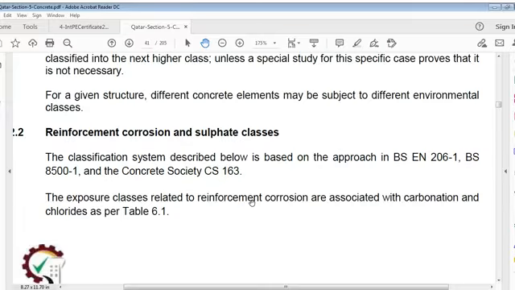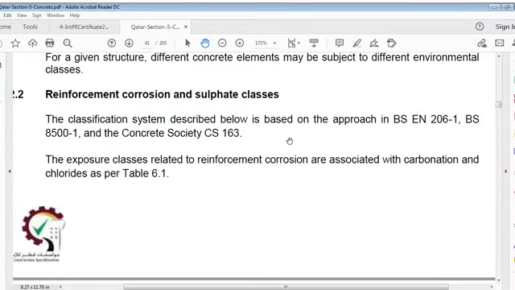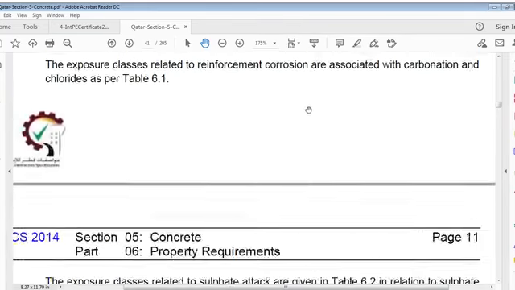Now, reinforcement corrosion and sulfate classes. The classification system described herein is based on the approach of BS EN 206-1, BS 8500-1, and Concrete Society CS 163. Exposure classes related to reinforcement corrosion are associated with carbonation and chloride per Table 6.1.